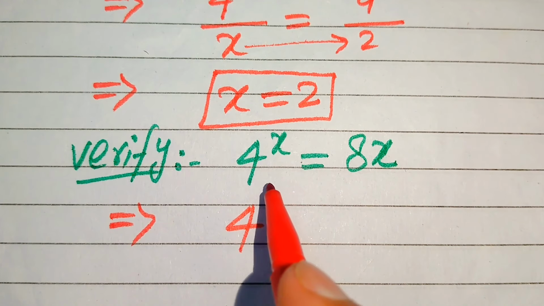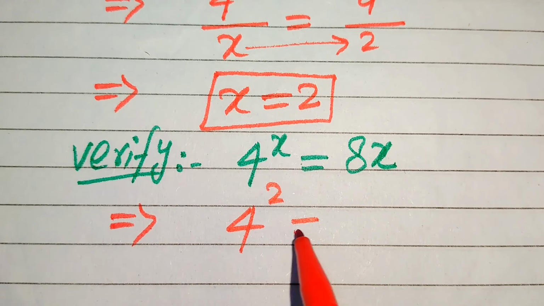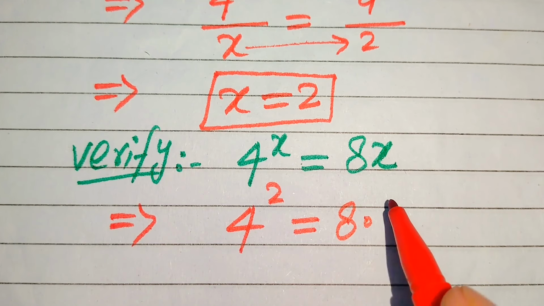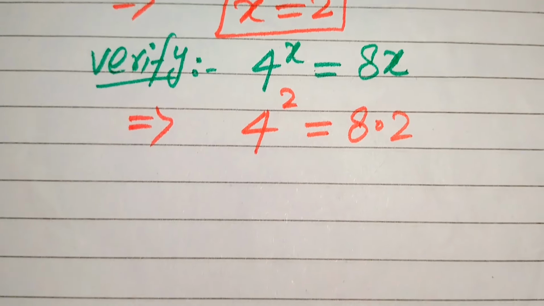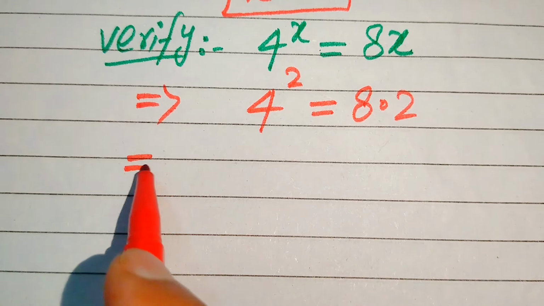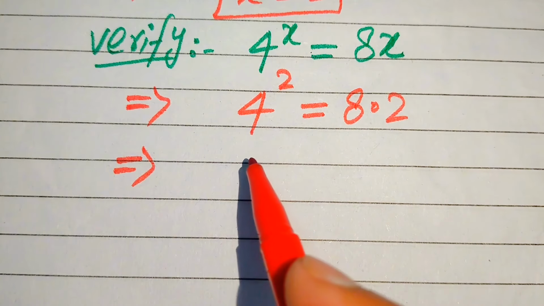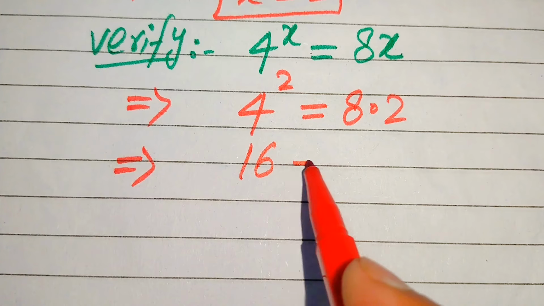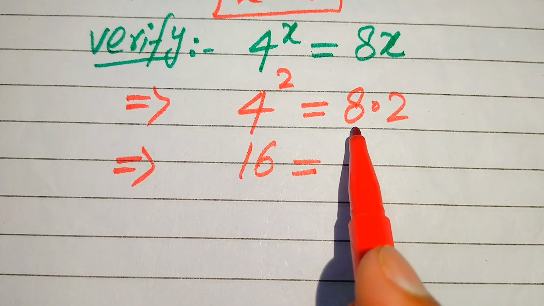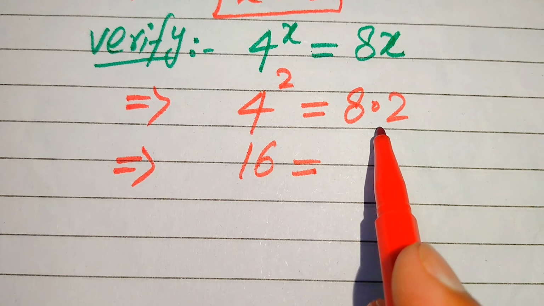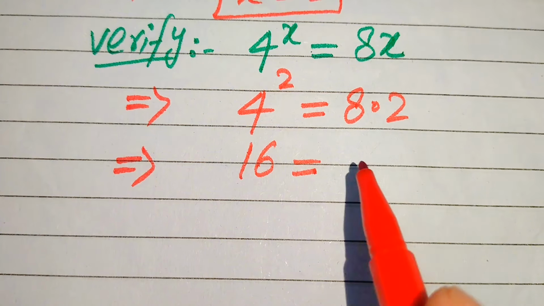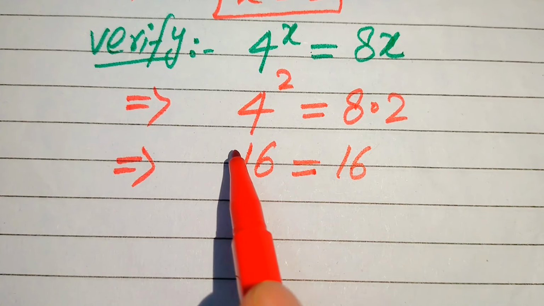When we put this value it becomes 4 squared is equal to 8 multiplied by 2. Now in the next step we need more simplification: 4 squared becomes 16, and we again have 8 multiplied by 2, and we know that 8 times 2 also becomes 16.